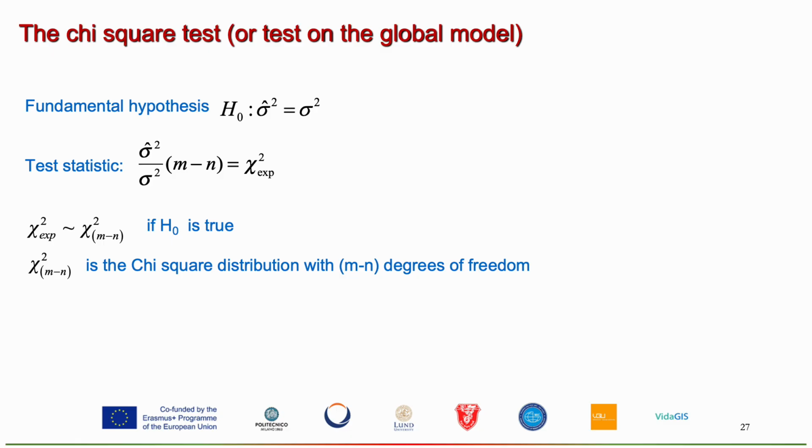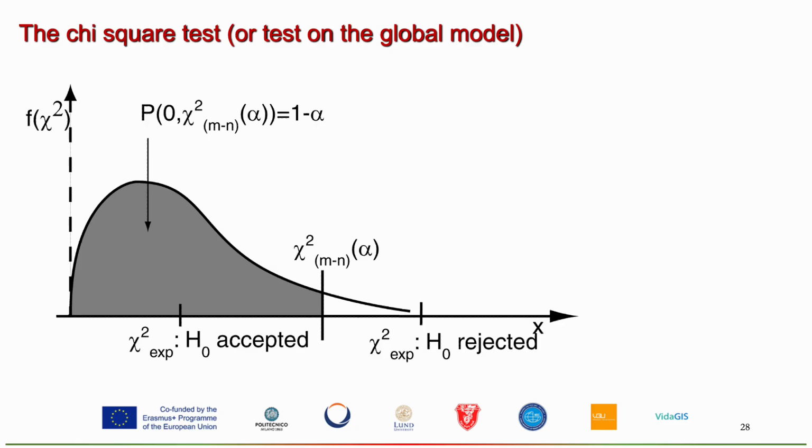So, the first step is to compute the empirical chi-square, and then we will compare it with the theoretical chi-square. The next step of the test is to decide the significance level of the test alpha, that, as I've said before, could be put to 1%, 5% or 10%. This is a user choice, basically.